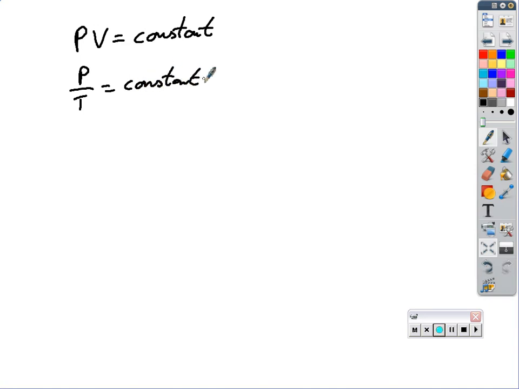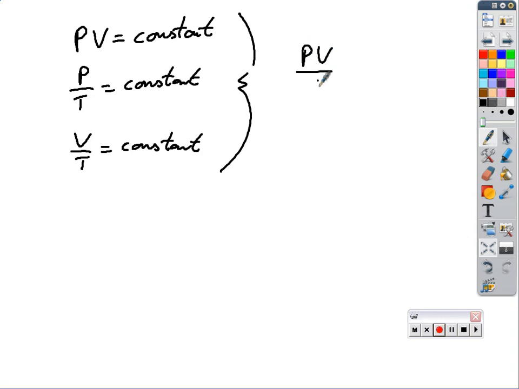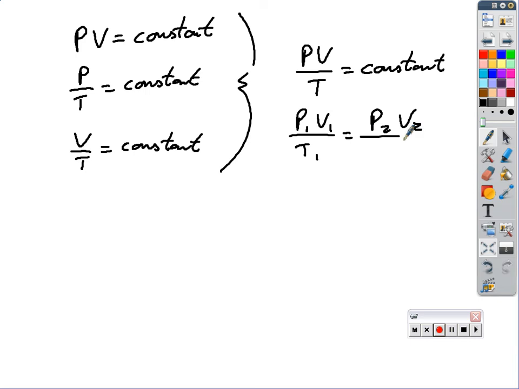And we have V over T equals a constant. So we take all these 3 together and you get PV over T equals a constant. In other words, P1 V1 over T1 equals P2 V2 over T2.